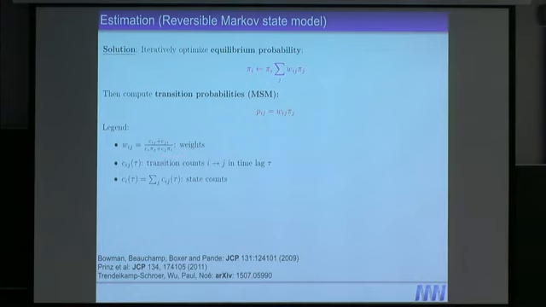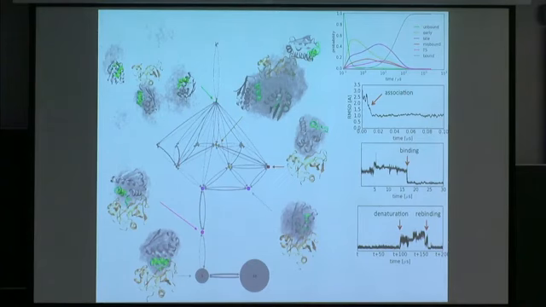So the statistics are how often I went from I to J and J to I. Once I'm done with this iteration, so once this has converged, we compute the transition probabilities in one step with this equation.